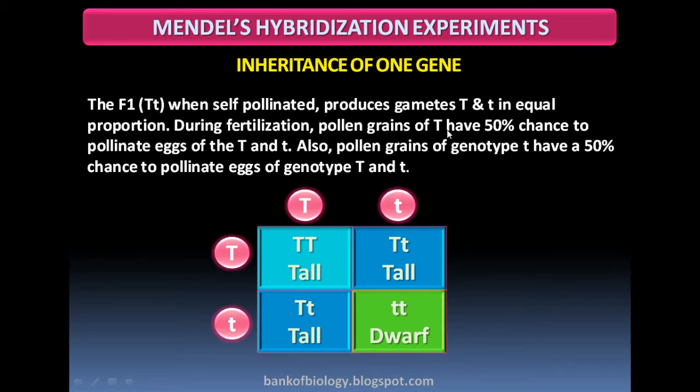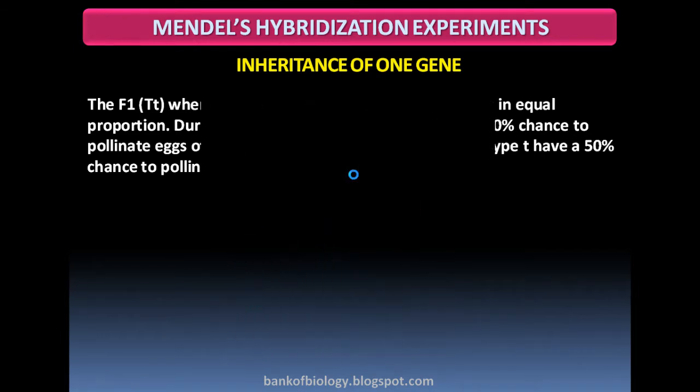That means pollen grains of capital T have a 50% chance to pollinate eggs of capital T and small t. Also, pollen grains of small t have a 50% chance to pollinate eggs of capital T and small t.